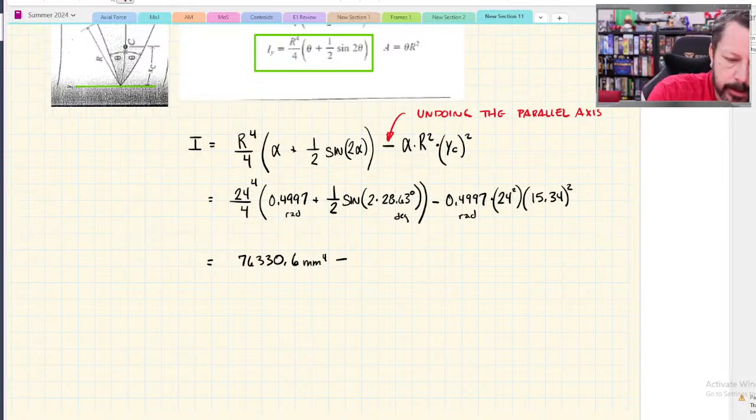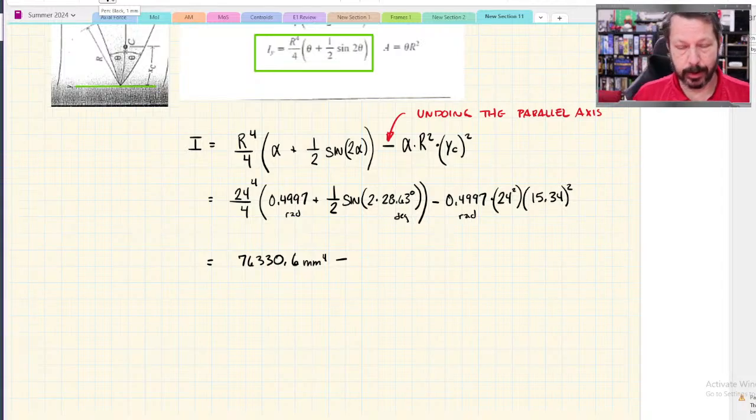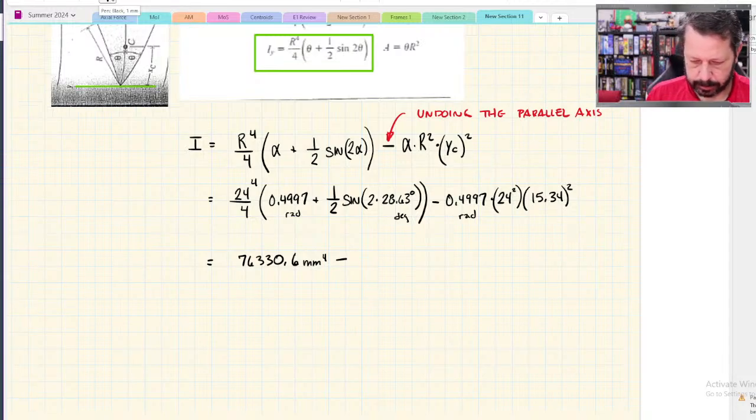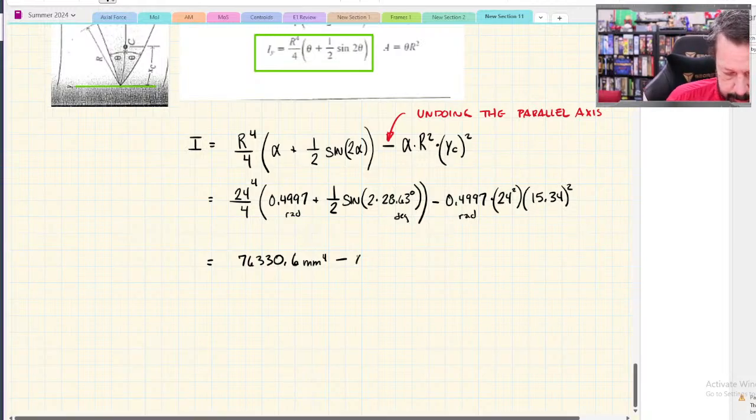So I've got to undo the parallel axis theorem to get back to what it must have been at the centroid, where I want it. So minus, let's see what this number is, 15.34 squared times 24 squared. Oh wait, I did plus. Hold up, that should be times 0.4997. Okay, so I'm going to subtract off most of it, 67,730.23 millimeters to the 4th.